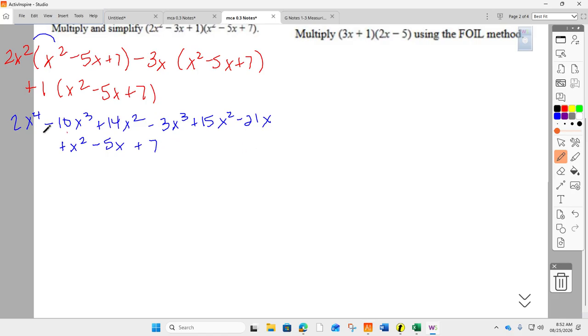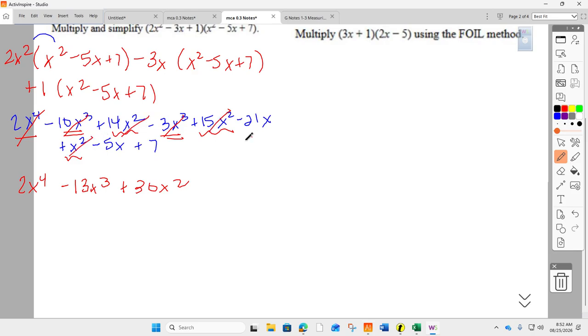Now we're going to mark like terms. I only have 1, 2x to the 4th power. Remember, we're writing in standard form. The greatest degree here is 4. I got x cubed, minus 13x cubed. I got x squared: 14 plus 15 plus 1, 29 plus 1 is 30, plus 30x squared.